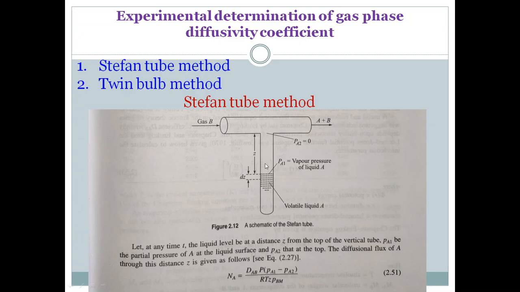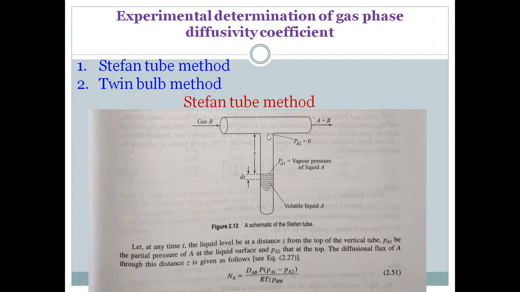But keep in mind, the pressure here will always be higher because there is always evaporation, and because of the concentration difference, the vapor pressure of acetone at this point will be almost zero. Whenever it comes, it is taken out. So p_A2 at this point is equal to 0. But gas cannot come down here because the pressure here is higher.